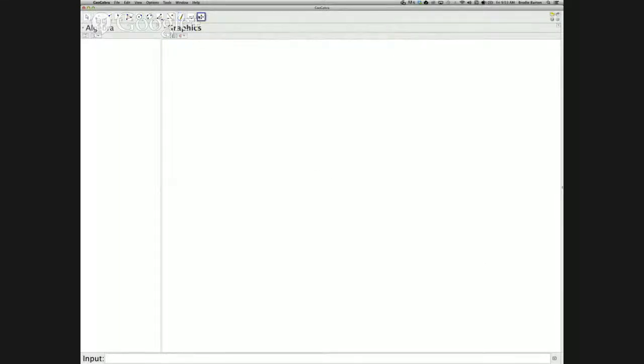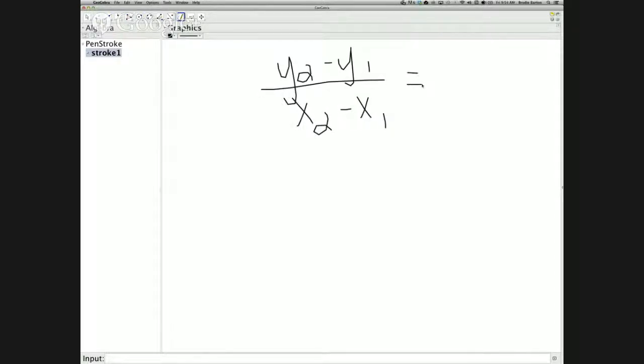I'll do algebraically next. Algebraically is our slope formula, y2 minus y1 over x2 minus x1. And I want that to equal 5 over 4. Okay? y2 is negative 4. y1 is negative 9. x2 is x. x1 is negative 3.